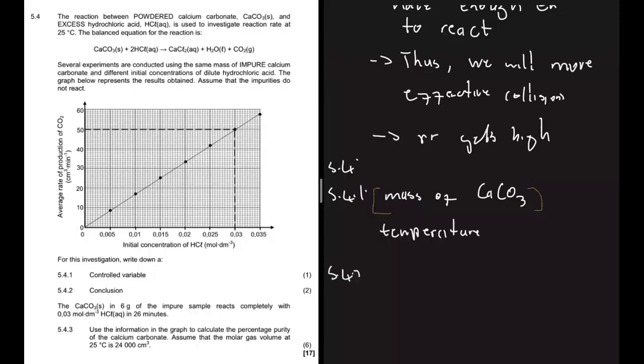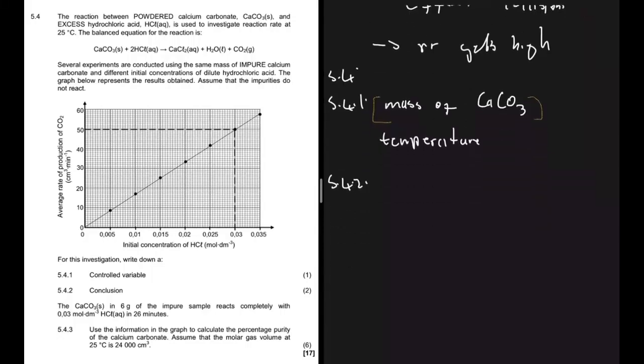And then 5.4.2 says let's have a conclusion for this investigation. Okay, look at the graph. Look at the x-axis. As the initial concentration of HCl is going up, the average rate of production of CO2 is also going up. And CO2 is our product, right?